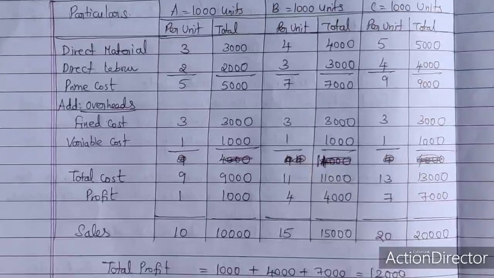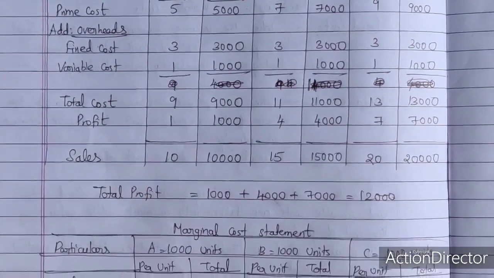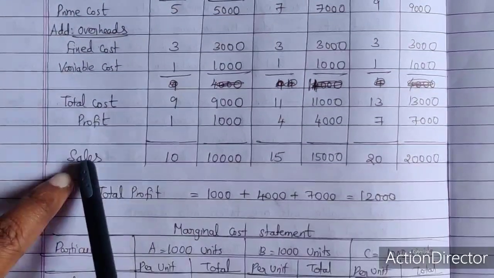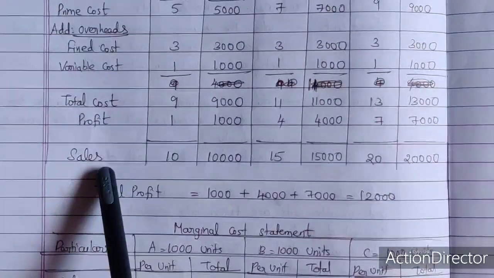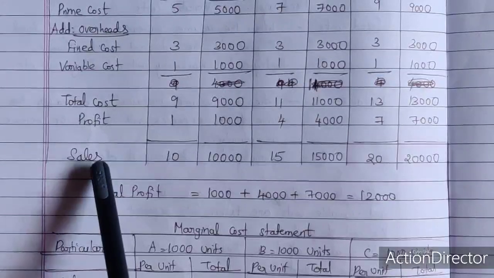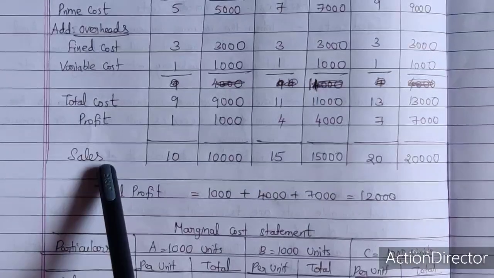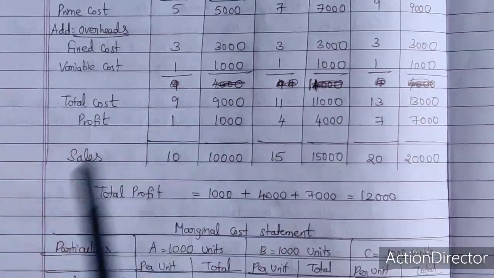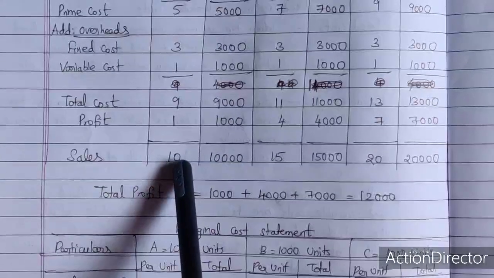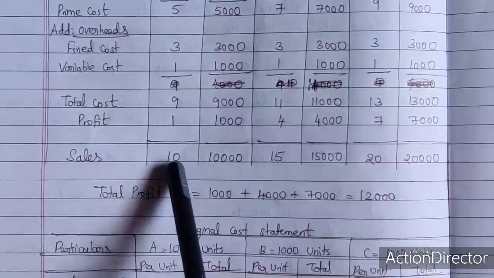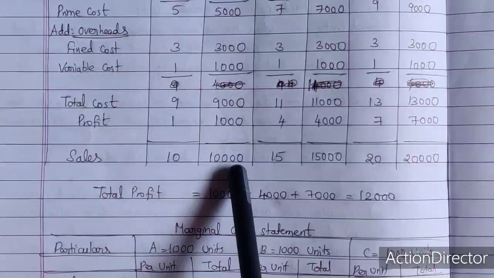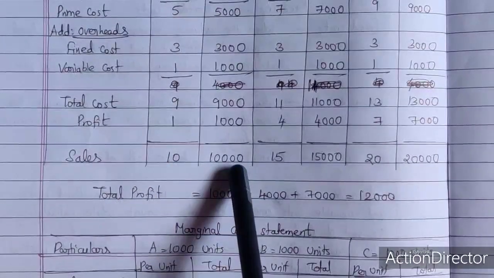So next we need to find out the profit. To find out the profit, they have given us the sales. We will subtract the total cost from the sales in order to get the profits. They have mentioned the unit price, the selling price, which we have to convert into the total number of units.